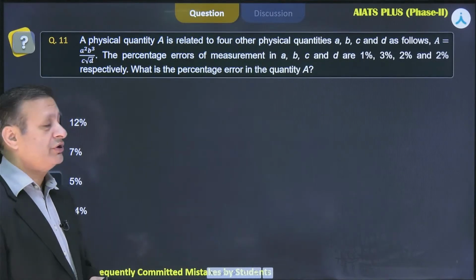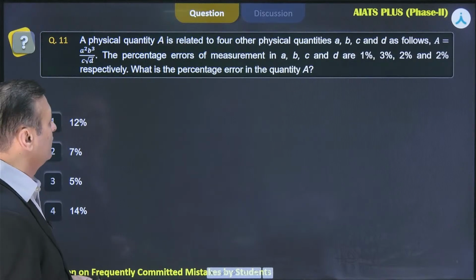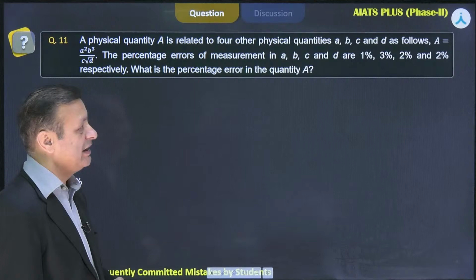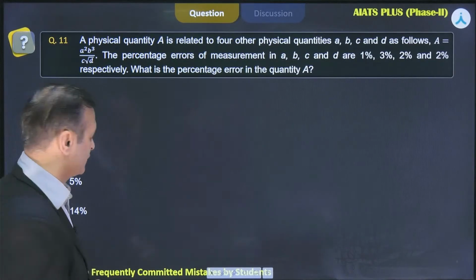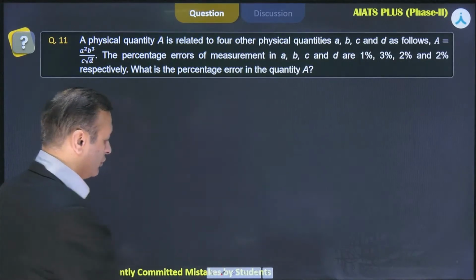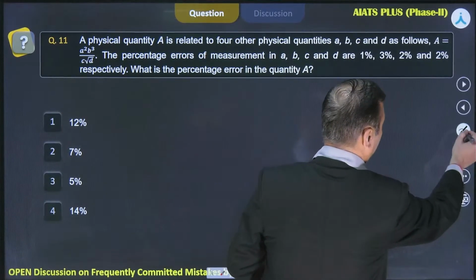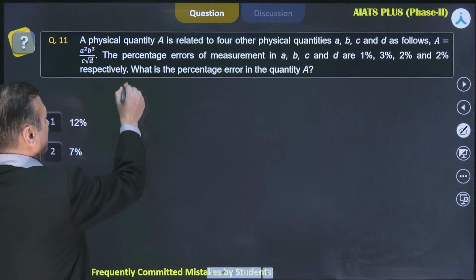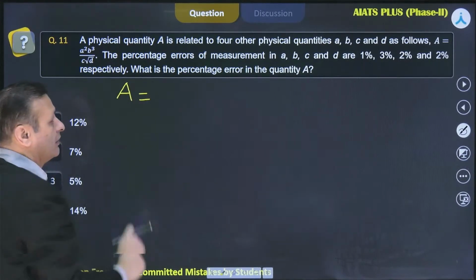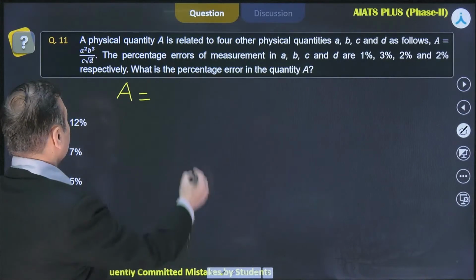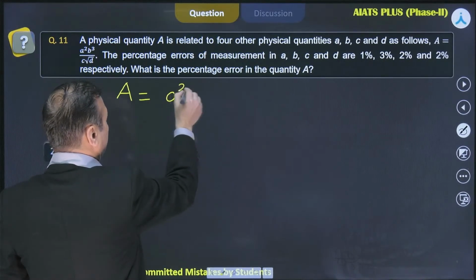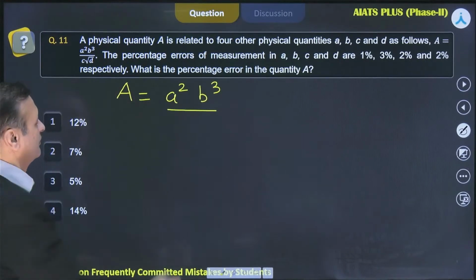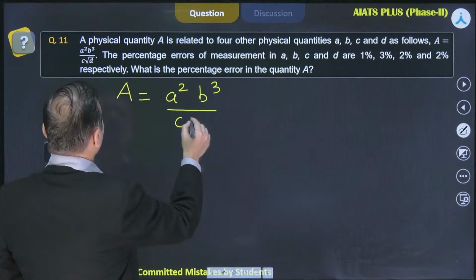Now the very first question: a physical quantity A is related to 4 other physical quantities a, b, c and d as follows. So your physical quantity A is related to a, b, c, d like A = a square b cube by c times root d.